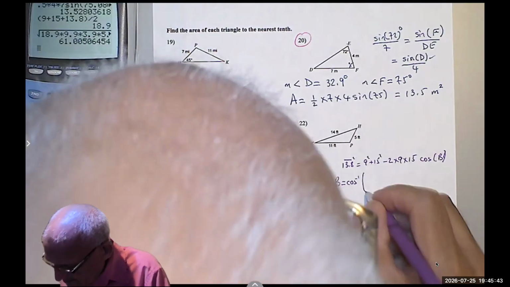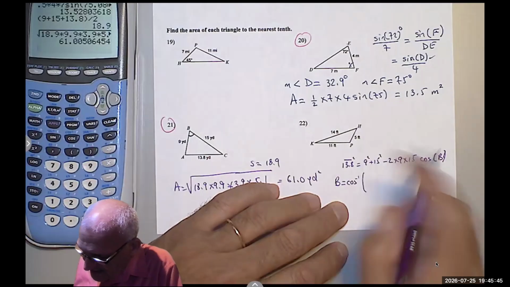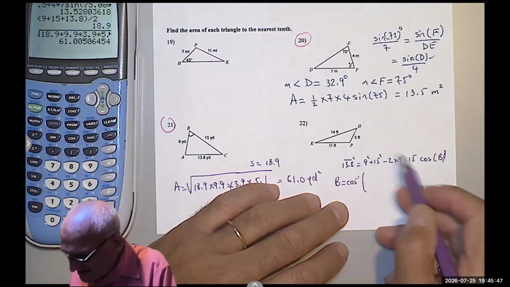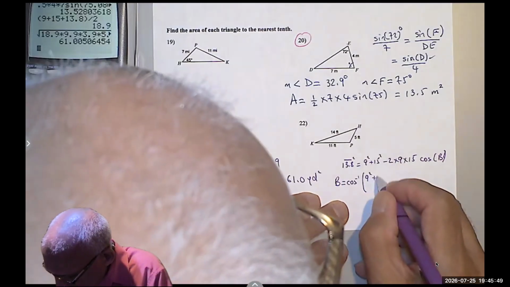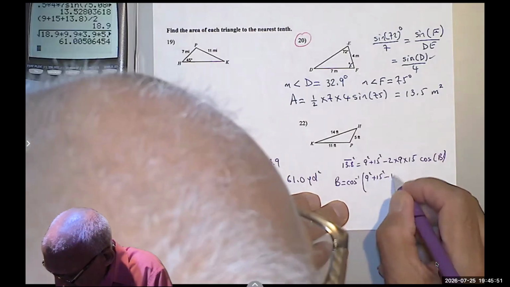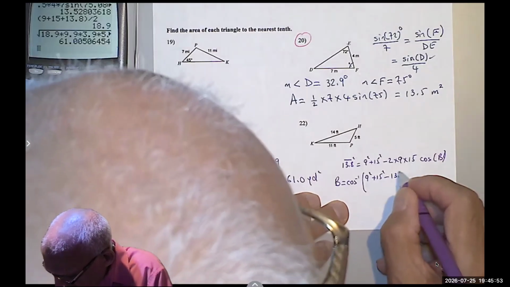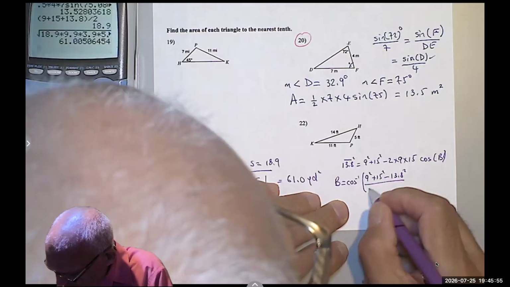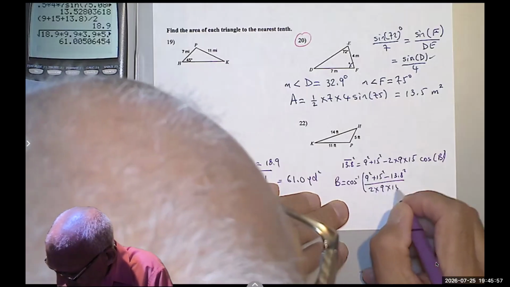And again, like I did before, I'm going to move this to the other side to become positive, bring this as negative. So I get 9 squared plus 15 squared minus 13.8 squared divided by 2 times 9 times 15.